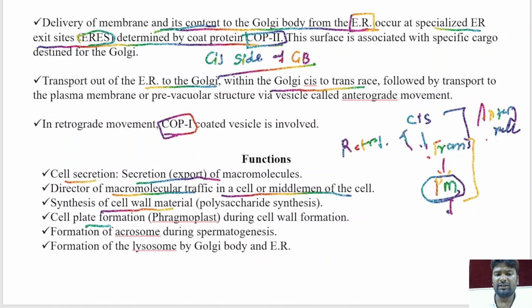It also has a role in cell plate formation, phragmoplast during cell wall formation, formation of acrosomes during the spermatogenesis process, and formation of lysosomes, which is joined by the Golgi body and endoplasmic reticulum.